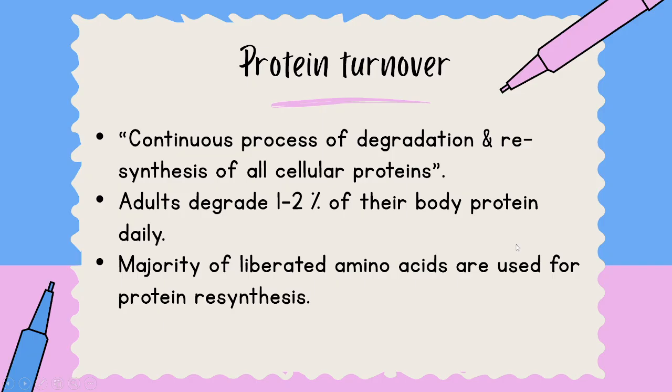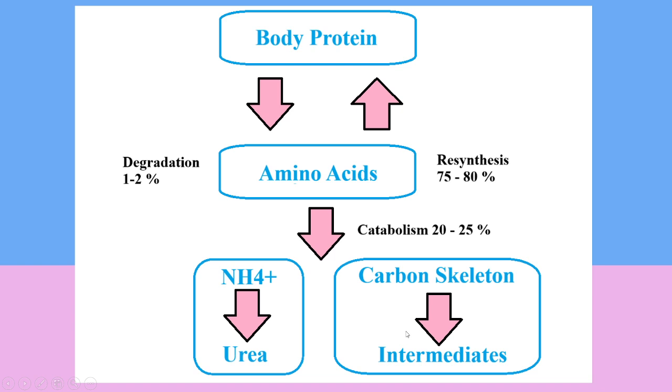What do we mean by protein turnover? Protein turnover is a continuous process of degradation and resynthesis of all cellular proteins. A normal adult degrades about 1 to 2% of his or her total body protein daily, and the majority of the liberated amino acids are used for protein resynthesis.